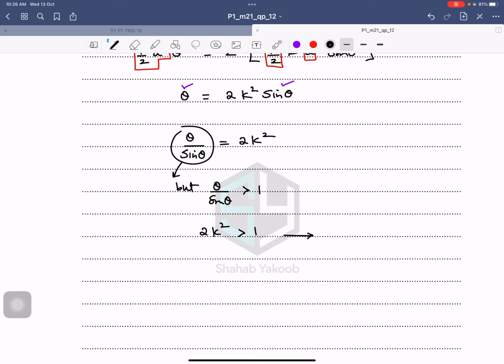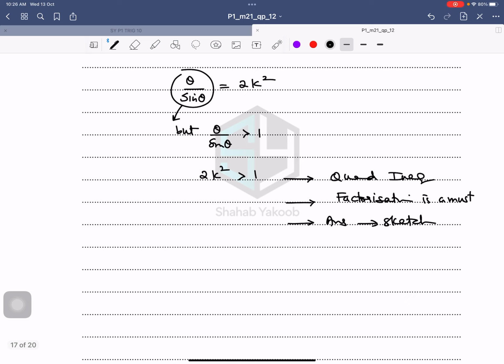Now don't hurry, pause for a second and think. What kind of inequality is it? It's a quadratic inequality. And for solving a quadratic inequality, factorization is a must. After factorization, your answer should be based upon the sketch, based upon the factorized form. So therefore, 2k square minus 1 is greater than 0. That's one way of doing this.